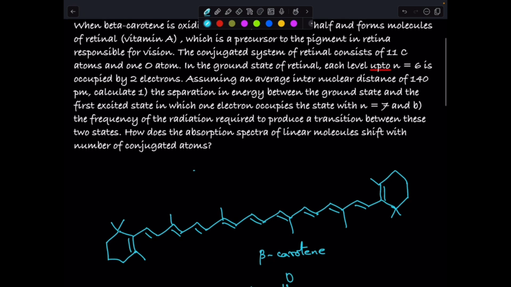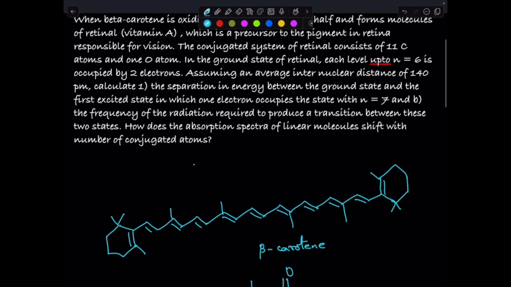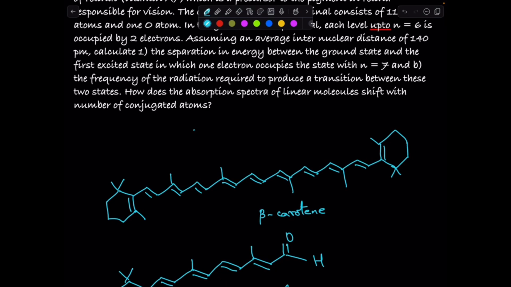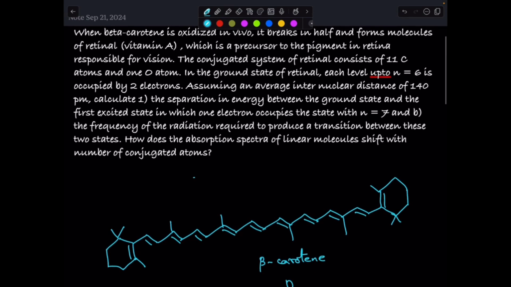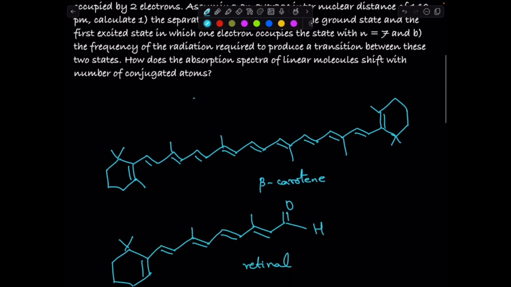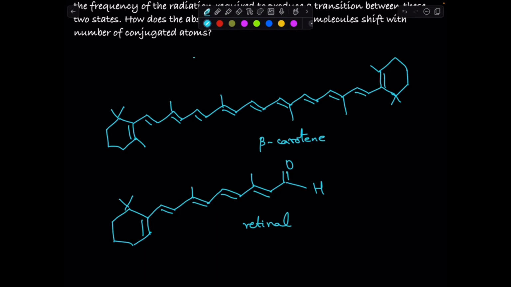The structure of beta-carotene is given. So we can see that beta-carotene is conjugated, but the problem is concerning with vitamin A or retinal. This is the structure of retinal.